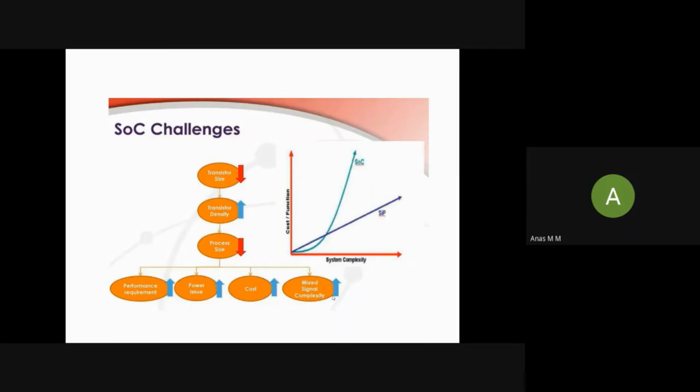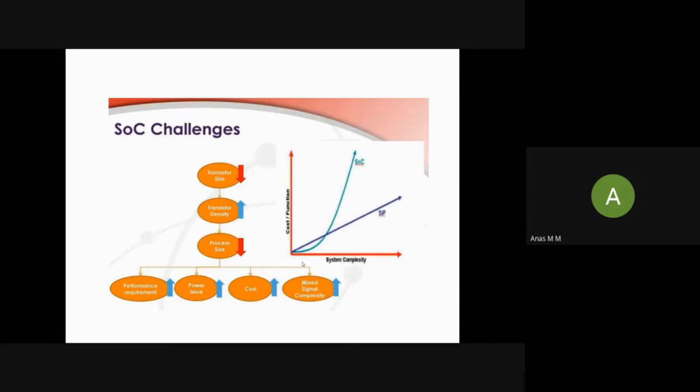But when you implement all these things in a SoC, when we scale up the device architecture and SoC architecture, we need to face a lot of power issues, cost issues, and performance requirements. So the complexity increases when we implement a bigger SoC system.